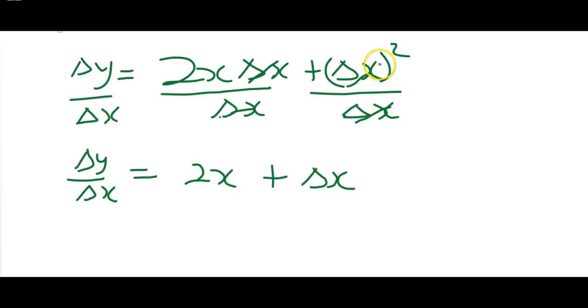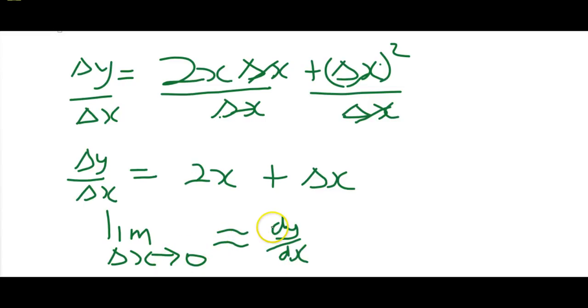Now we learned that limit as change in x, which was initially h, approaches 0 of the gradient is always approximate to dy/dx. You get it?